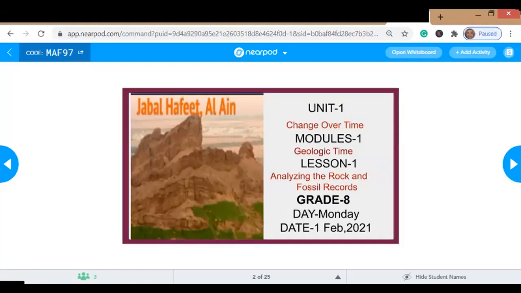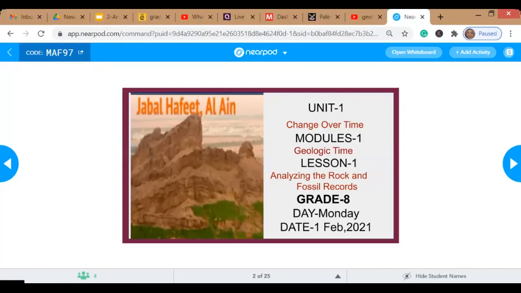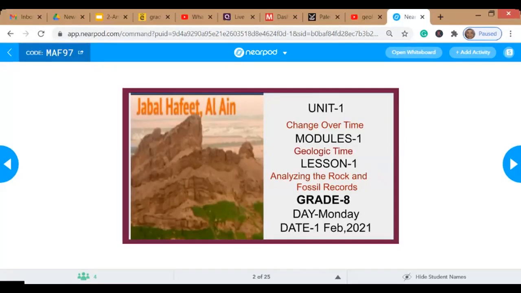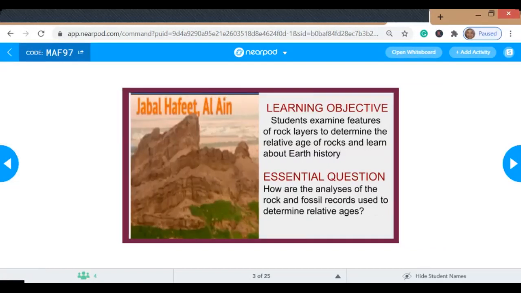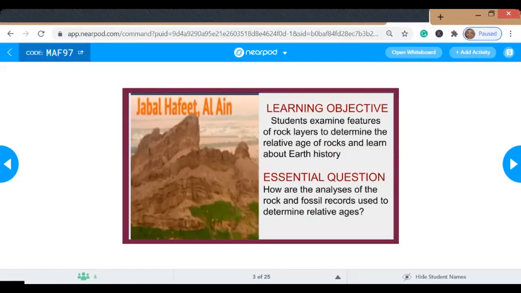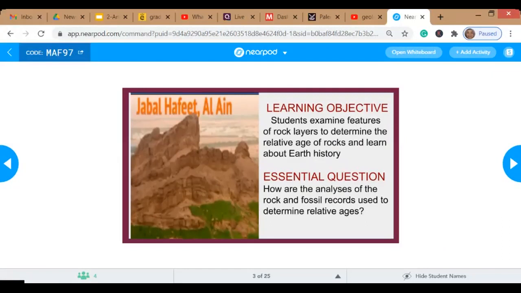Now we are going to start a new lesson with a new module that is geologic time. And the lesson is analyzing the rock and fossil record. But today we will just look into how we can find the age of the earth with the help of rock layers.